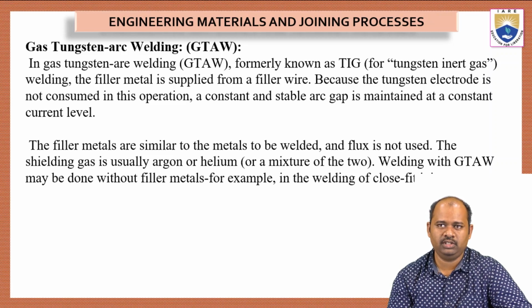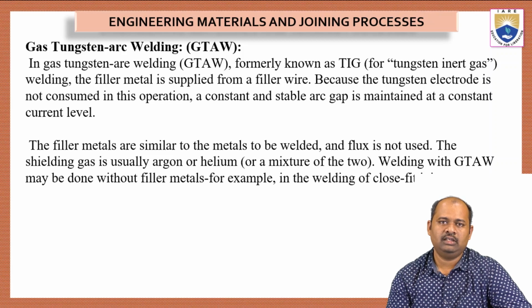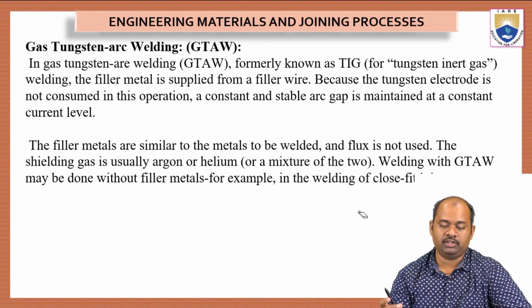Whenever we are using this process, we should not use flux, because there is no need of flux here, because we are using inert gases to protect the freshly made joint. And welding with GTAW may be done without filler metals, for example in the welding of close fit joints. So we can make different joints using this GTAW process.